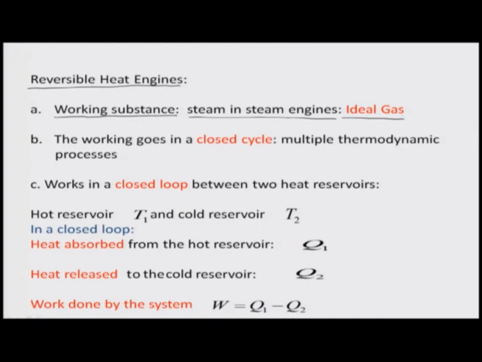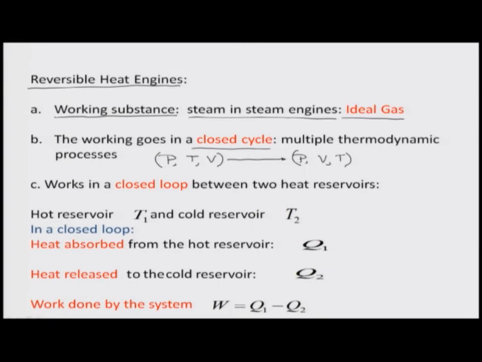It works in a closed cycle. What does it mean? If I start from P, T, V, these are my initial thermodynamic variables, at the end of one cycle I should come back to P, T, V. This defines a cycle for me.